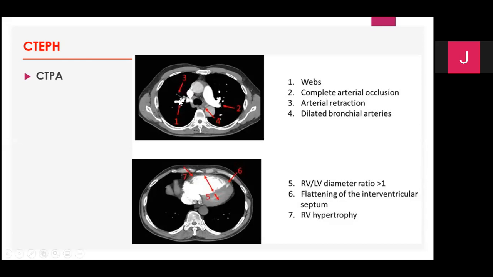We might have a band or web. We might have a complete occlusion. We might have attenuation of the pulmonary circulation or dilated bronchial arteries. And we can comment also on the right ventricular dimension and function.